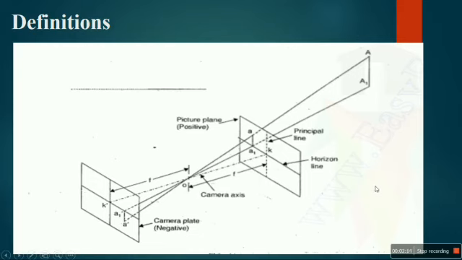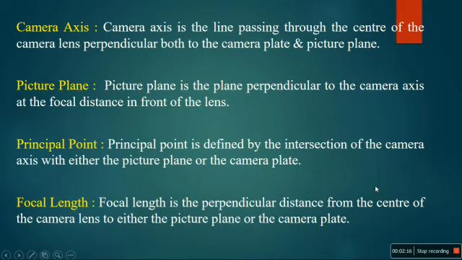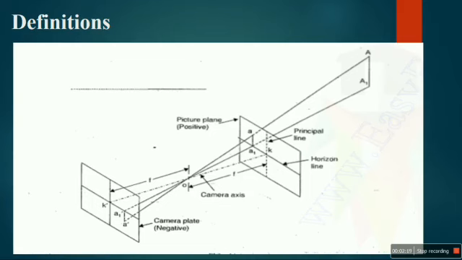Next is principal point. It is defined as the intersection of the camera axis with the picture plane or camera plate. So this is the camera plate and this one is the picture plate. The point where the camera axis passes through the plates, that is K dash and K, is called the principal point.